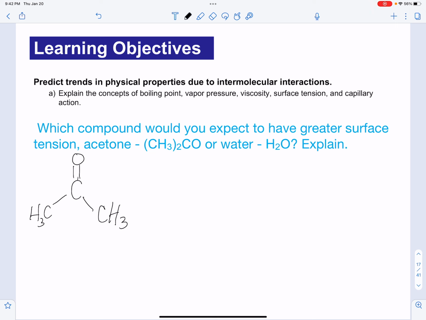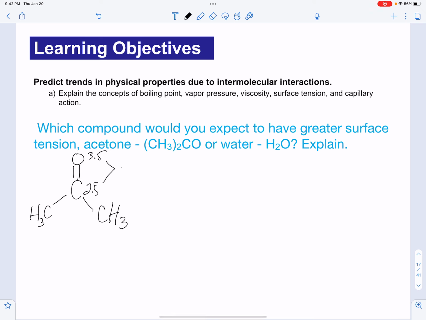After you do the Lewis structure, you're going to notice that this is trigonal planar using the VSEPR table. Then we're going to analyze the different bonds to see their polarity and how their polarity comes together to determine if the molecule is polar or not. So this is 3.5, 2.5.